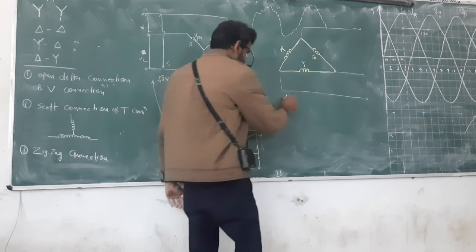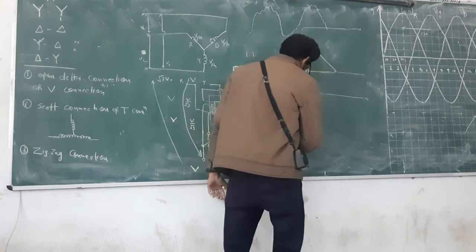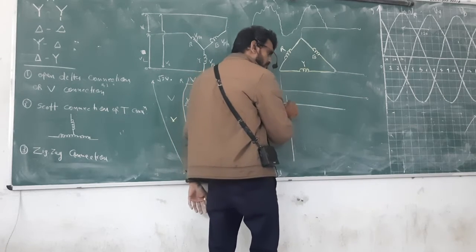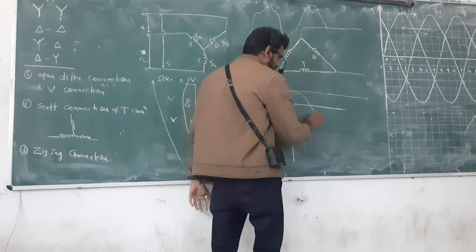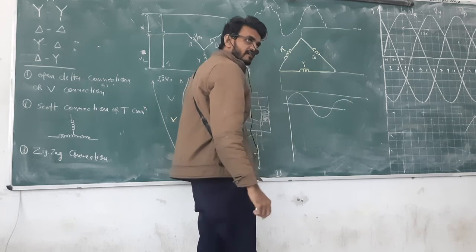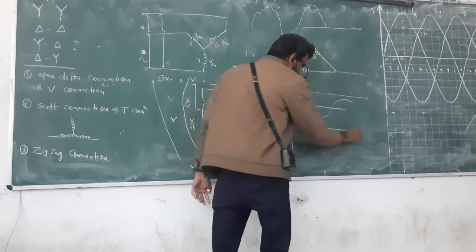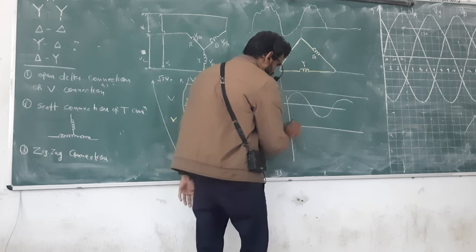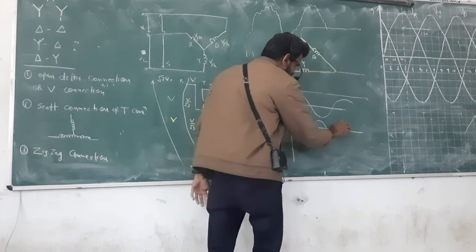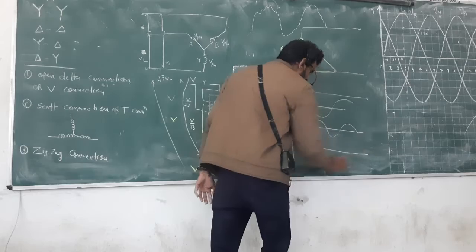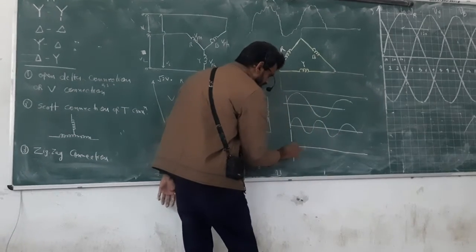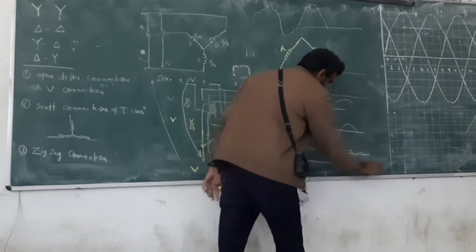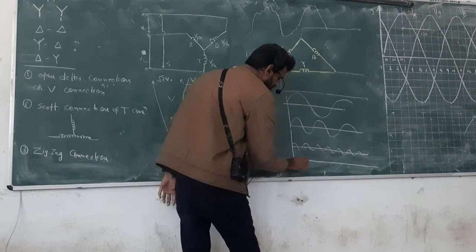What do I mean by that? You have a sine wave something like this, with higher magnitude and lower frequency. Then a smaller magnitude, higher frequency, still smaller magnitude, higher frequency, and still smaller magnitude, higher frequency.